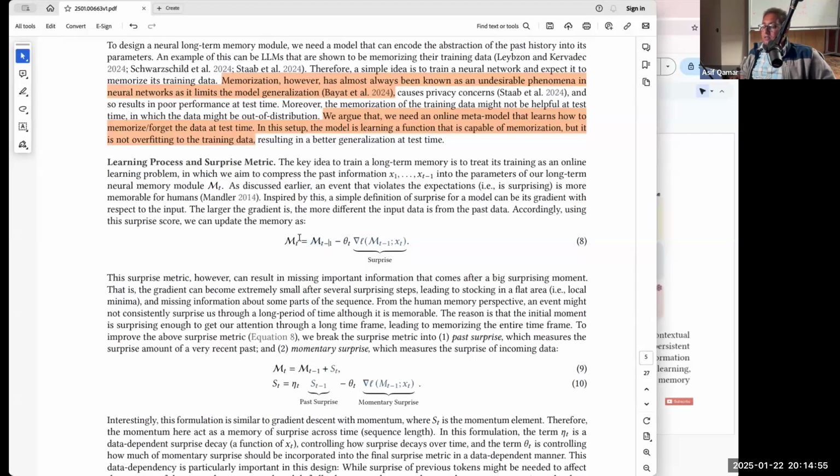What they are saying is that the memory at any point of time t is a function based on the previous state of that memory. Imagine memory as a key-value pair of the input sequence or document sequences. The new state of memory is based on how much surprise happened between the previous state, M t minus 1, and the new input sequence.